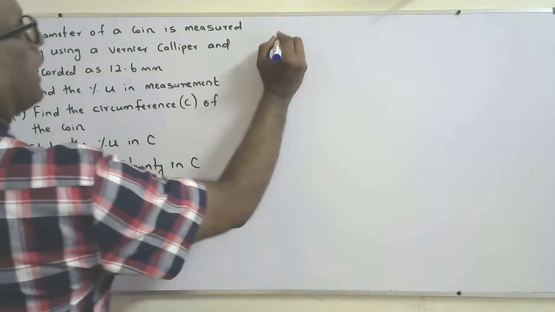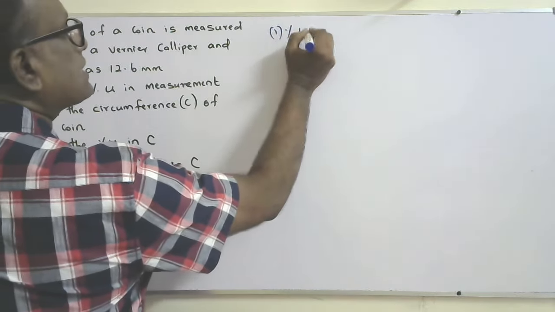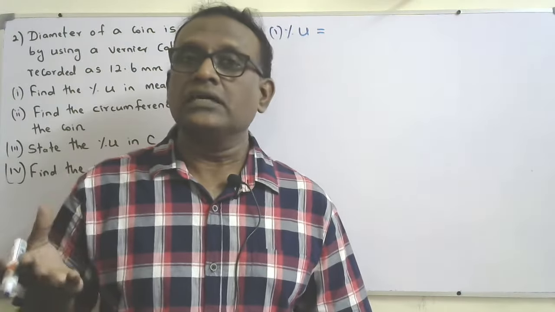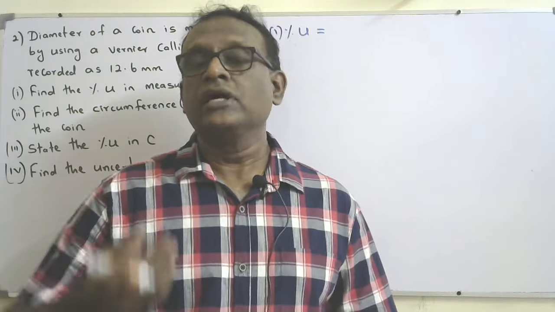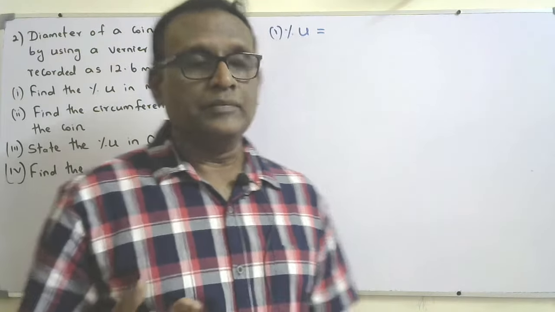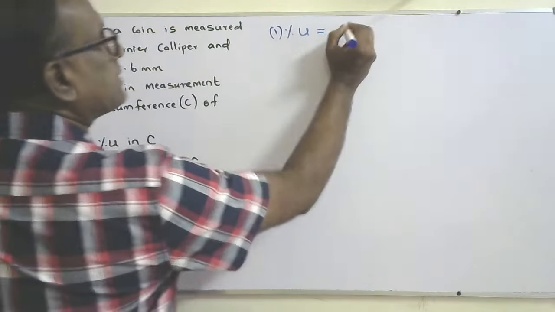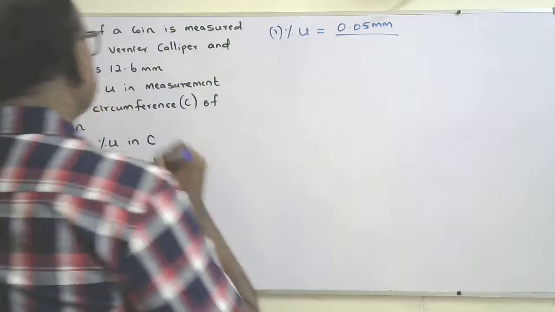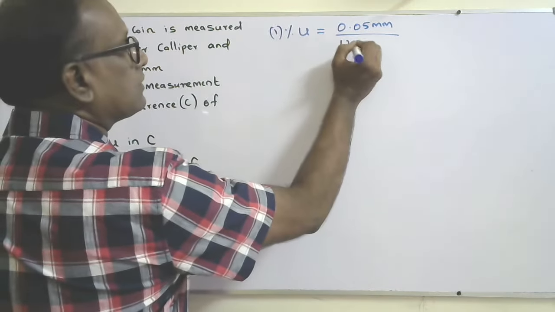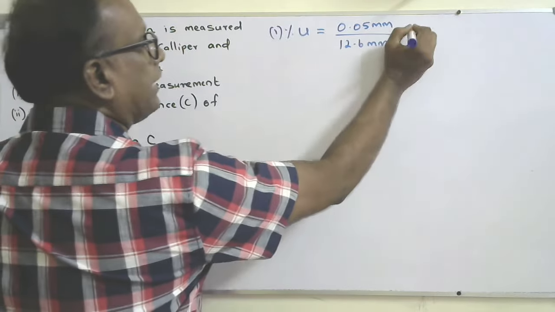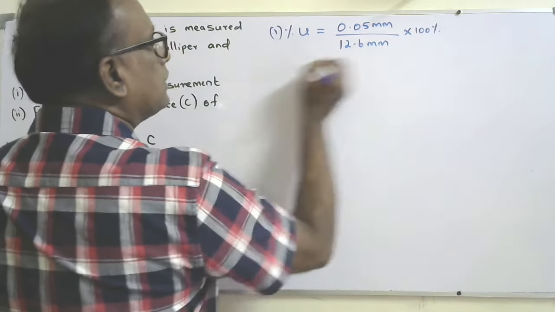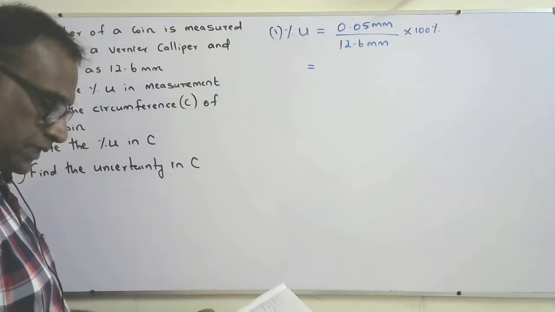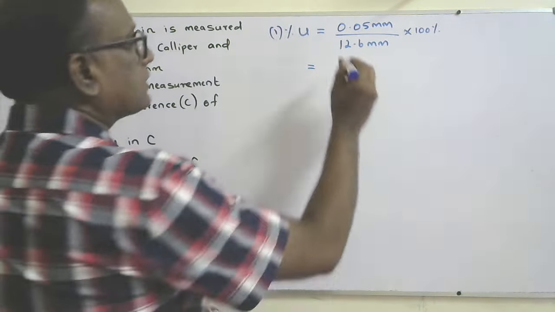So the percentage uncertainty is equal to, we are using a vernier caliper, so the uncertainty by using a vernier caliper will be 0.05 millimeter, divided by the measurement, that is 12.6, into 100%. So that will be equal to 0.40 percentage.